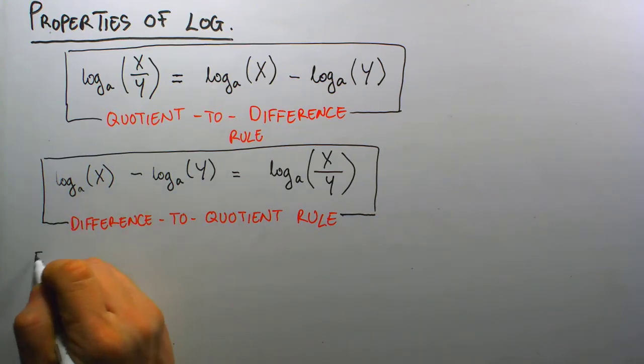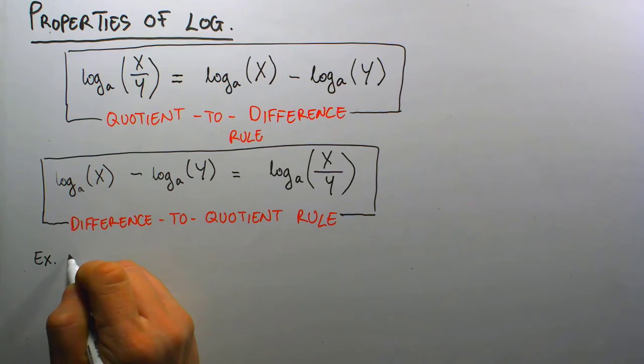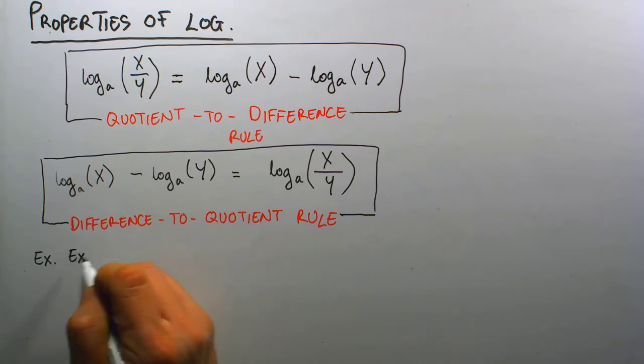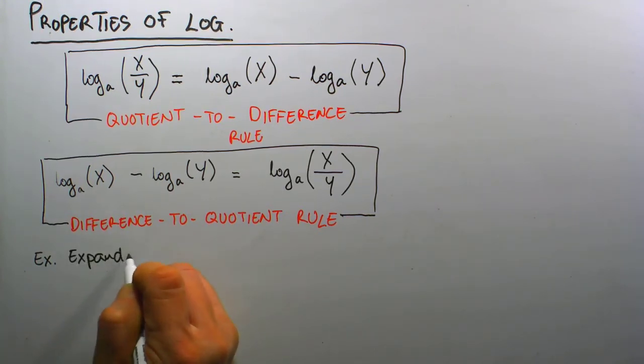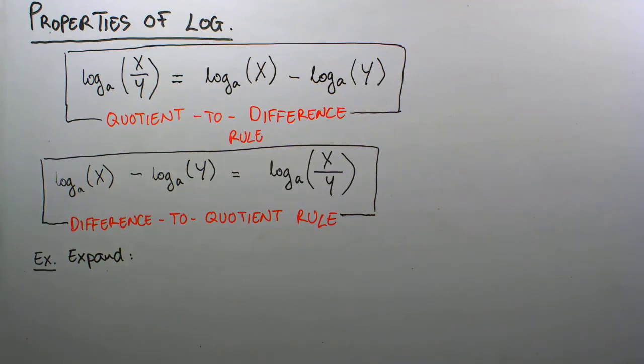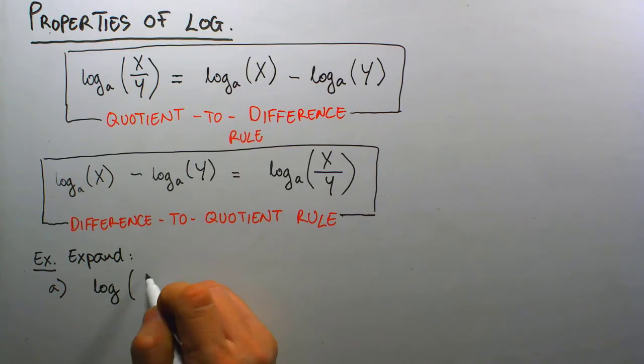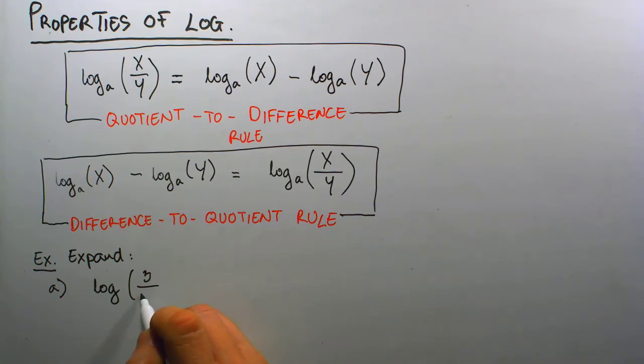And now we can look into a different example where we want to expand a given logarithm expression. So let's look at a problem in part A right here. How about log base 10 of 3 over x. What I have now is a logarithm of an expression.